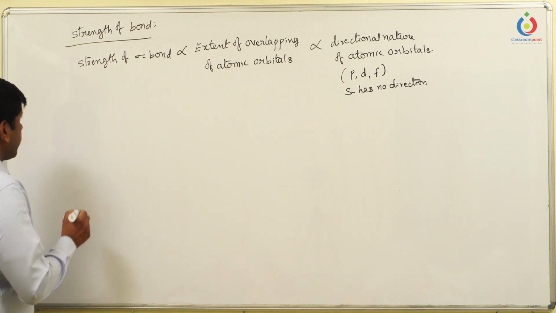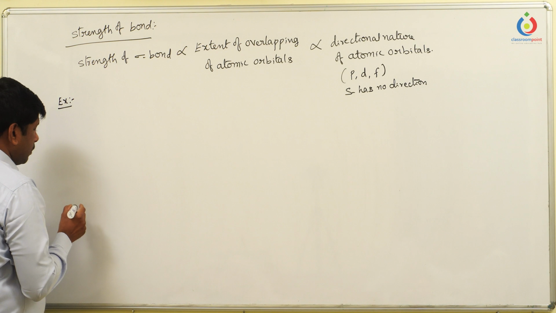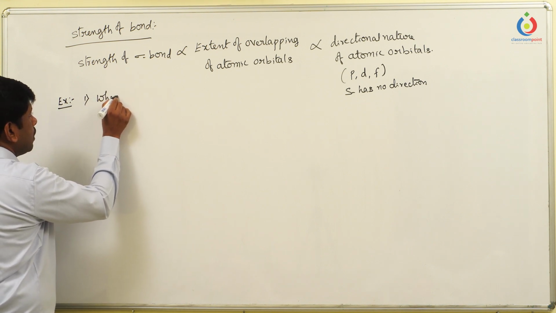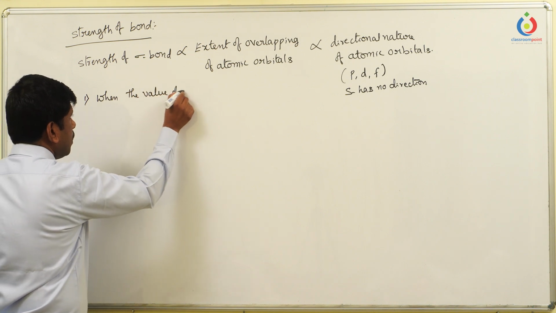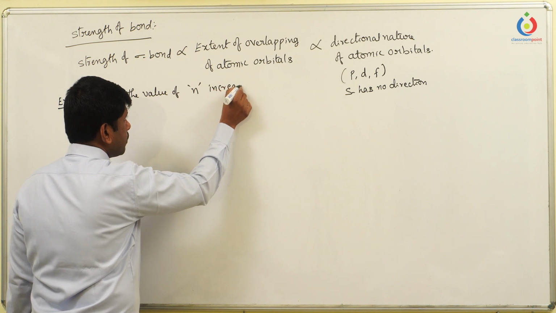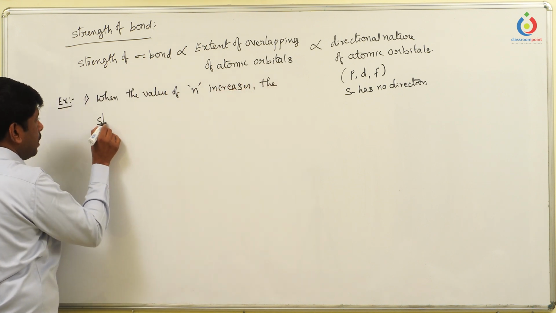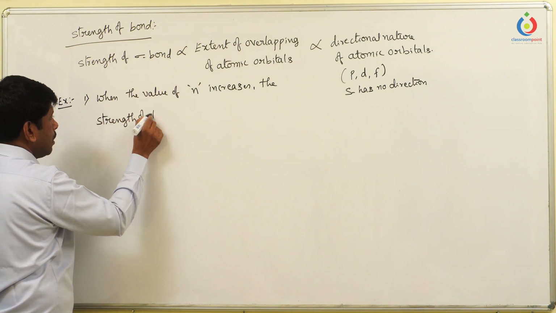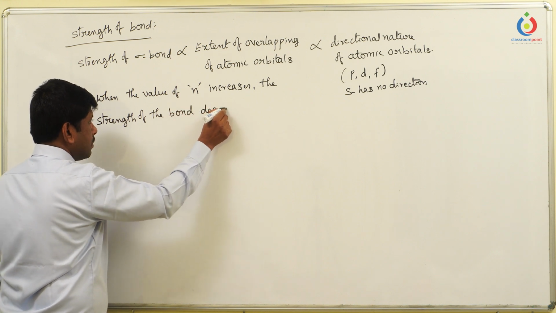Now let us see here. For example, when the value of principal quantum number n increases, the strength of the bond decreases.